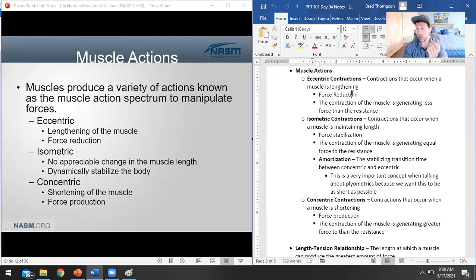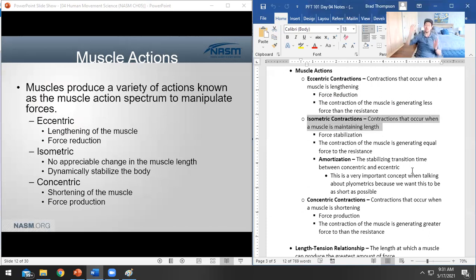Now, I could generate a completely equal amount of force as well. And that's what we're going to get with isometric contractions. So isometric contractions are contractions that occur when a muscle is maintaining a specific length. So let's say I've got that 20-pound dumbbell in my hand and I generate exactly 20 pounds of force, then I can just hold that dumbbell like this, however long I can generate 20 pounds of force, right? If I just hold it right here, I'm generating an equal amount of tension in my muscle in comparison to the resistive force.